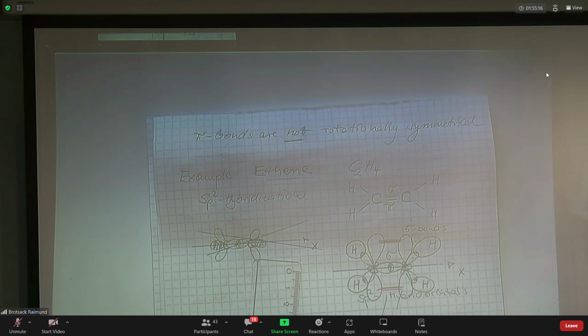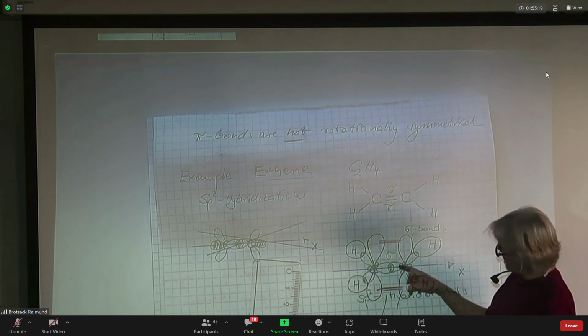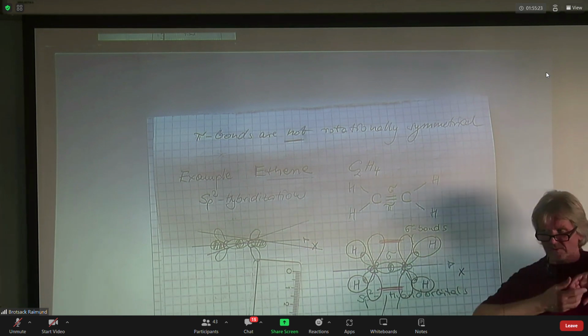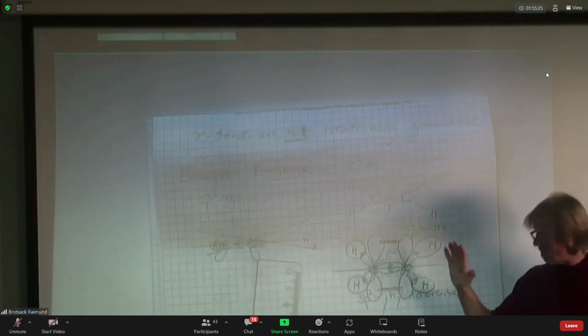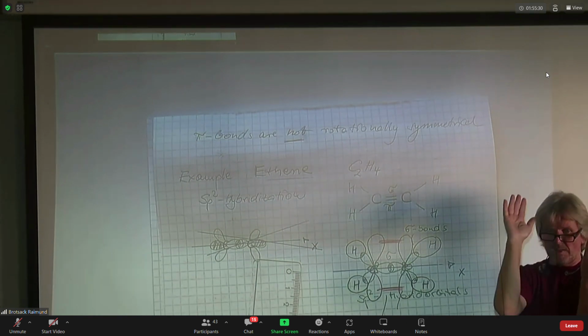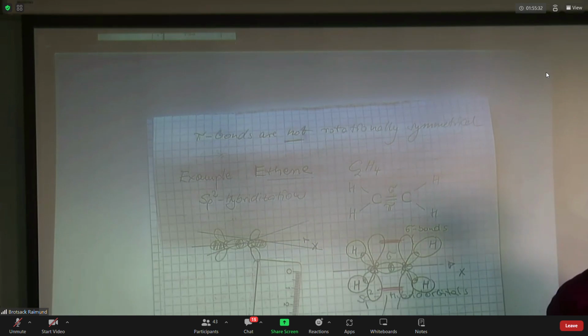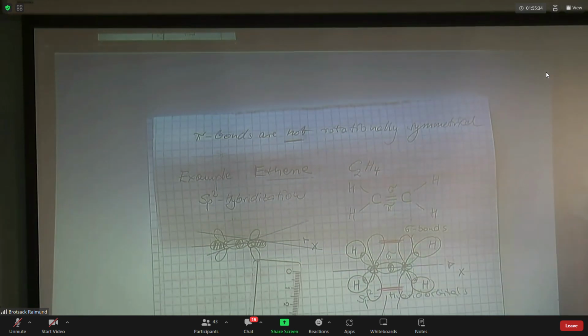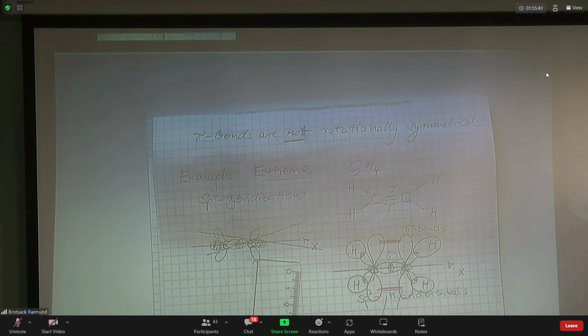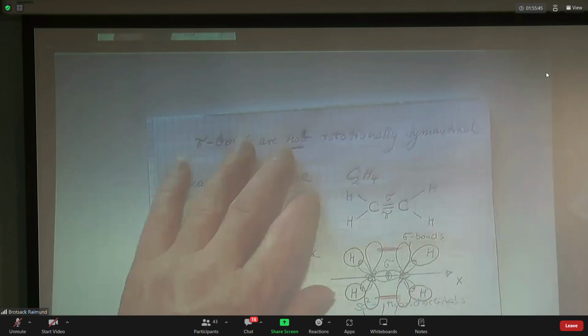We are not allowed to rotate. Here with just the sp2 type, this is symmetrical. We can rotate. But the pi now, out of this plane, we are not allowed to rotate. And this is important before we have the break to have a look on the importance of that structure.